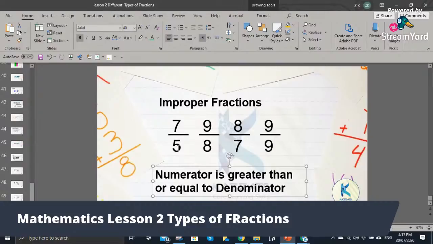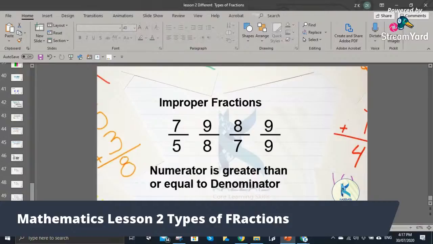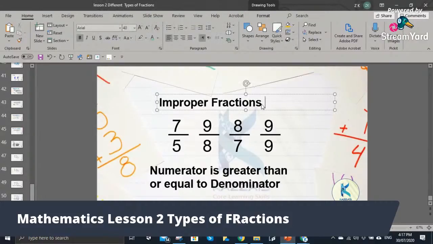Like 5 is less than 7, so this is improper. 8 is less than 9, so this is improper. 7 is less than 8, so this is improper. 9 is equal to 9, so this is improper. I hope you have got the point that when your numerator is greater than or equal to the denominator, this is the type called an improper fraction. We can always change improper fractions to mixed numbers.